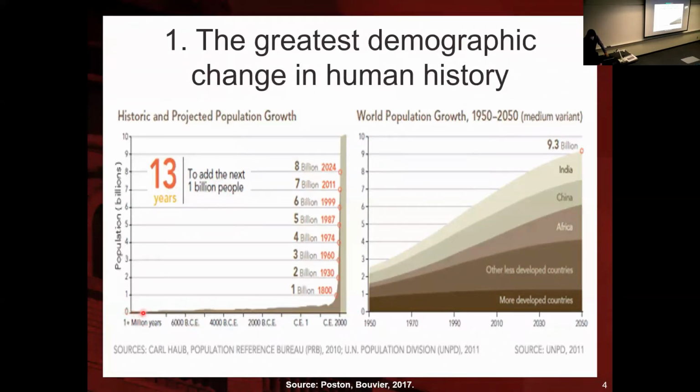It took all these thousands of years to have 1 billion people, and then another 130 years to add another billion, 30 years to add another one, 14, and so on. Just to show that even now that we have declines in fertility, the population is still increasing. Only in 13 years, we expect the population to increase from 7 to 8 billion, right?